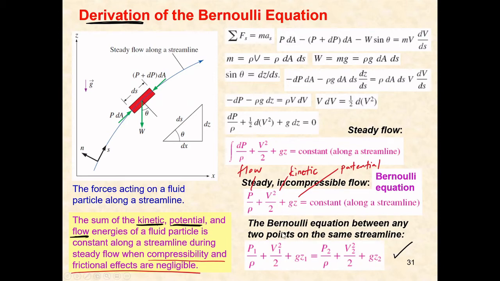Comparing two Bernoulli equations between two points is a very useful approach. If you are interested in the derivation, look into this diagram and the steps given here, then you should understand how the Bernoulli equation is derived.